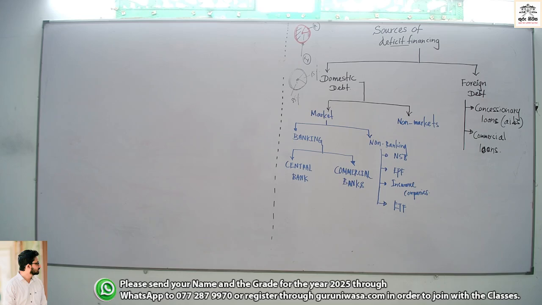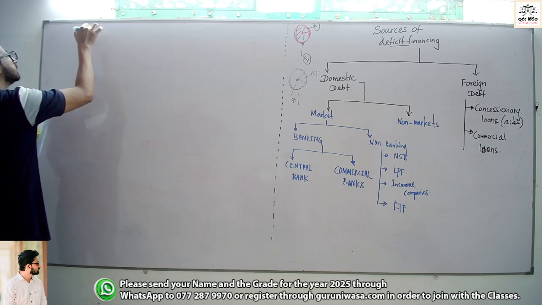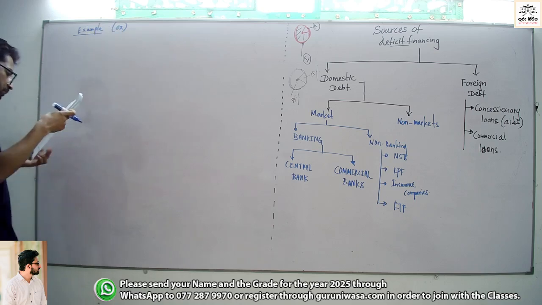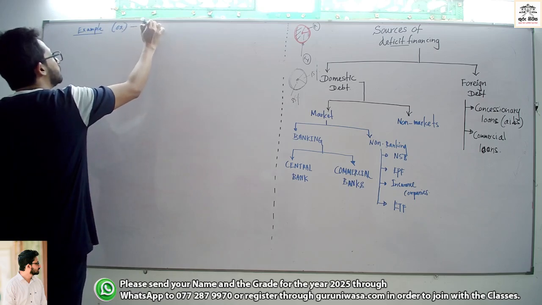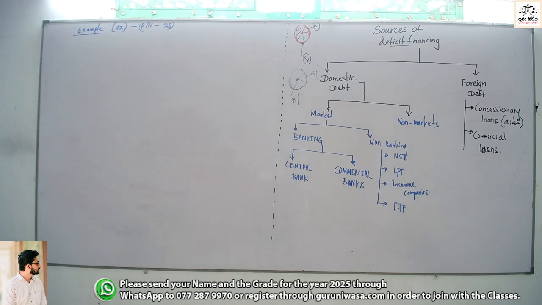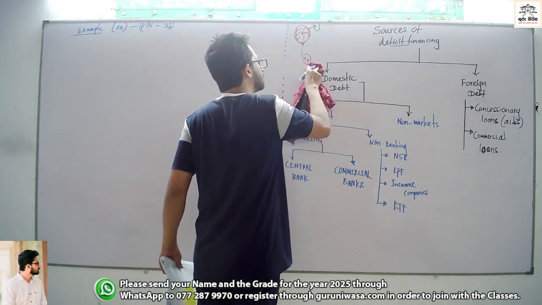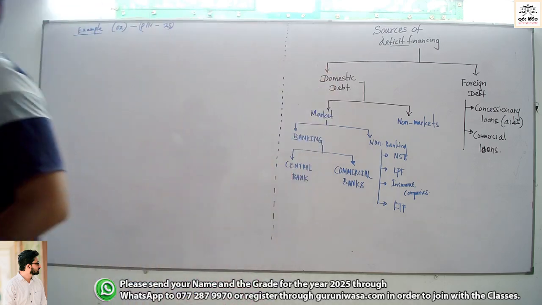Right. Example number 2, page number 25. First one, current account balance.